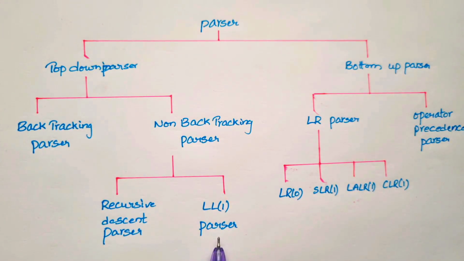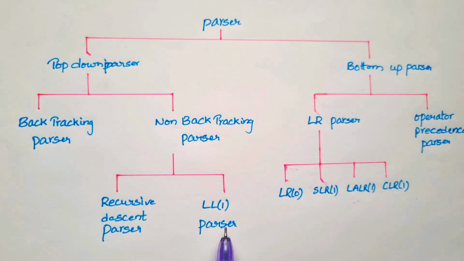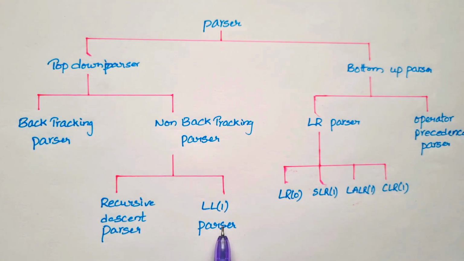Next one is LL1 parser. In LL, first L stands for left to right scanning of the input and second L stands for leftmost derivation of the string. The number 1 indicates that one look ahead symbol is used. It uses a parsing table and does not require backtracking.